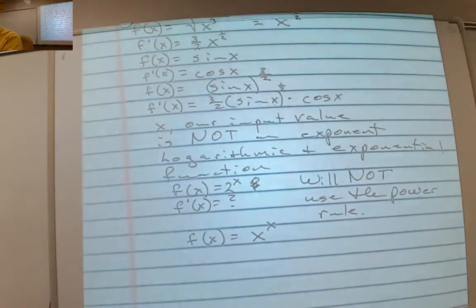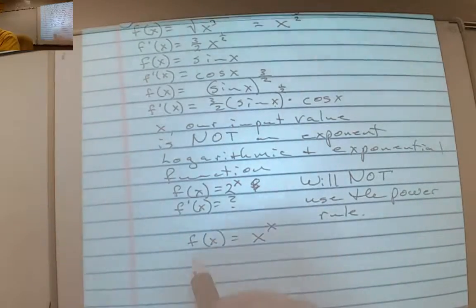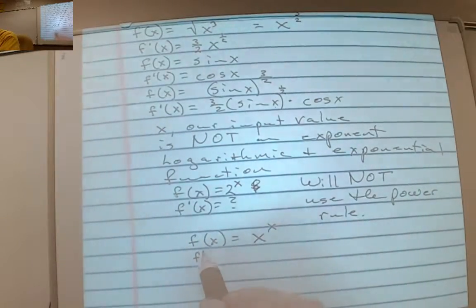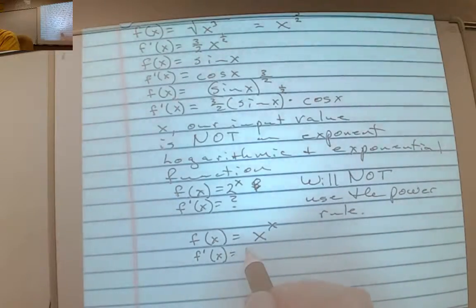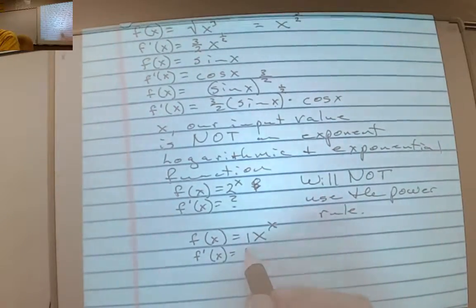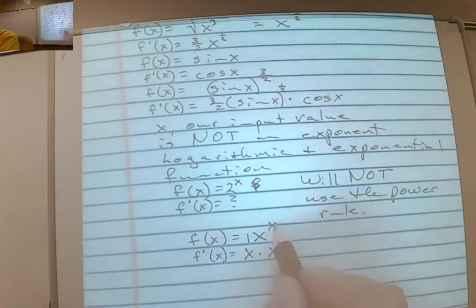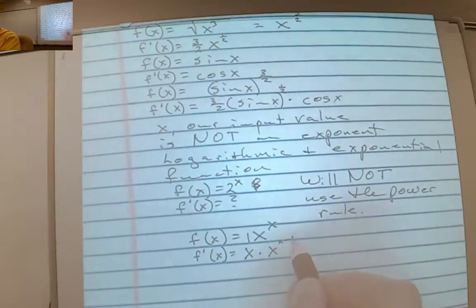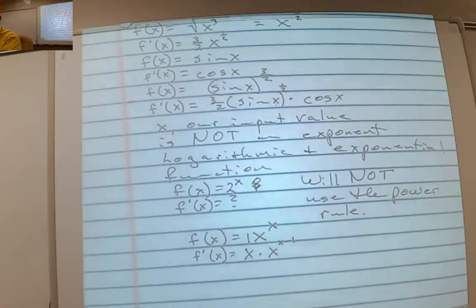And you'll probably see it on Friday's quiz, which will be really short, so you'll have plenty of time to get it done. And this is what people will do, because they love the power rule so well. They'll take x, multiply x by this coefficient, and get x. And then they'll write x again, and then they'll subtract 1 from x. That's the most common wrong answer that I see.